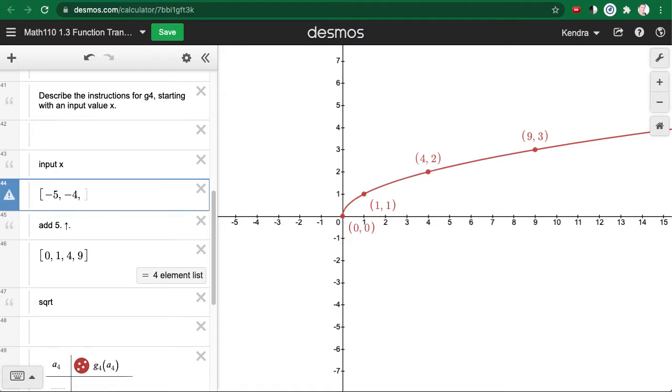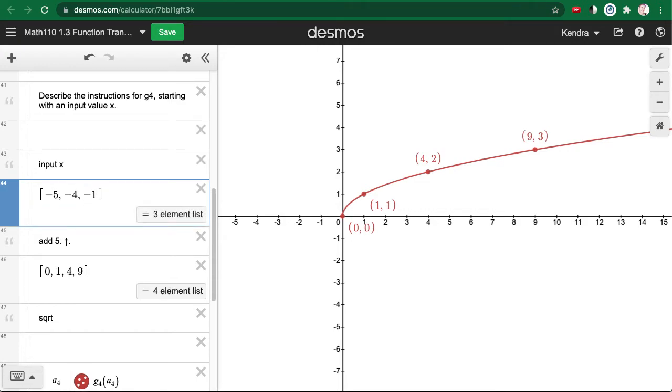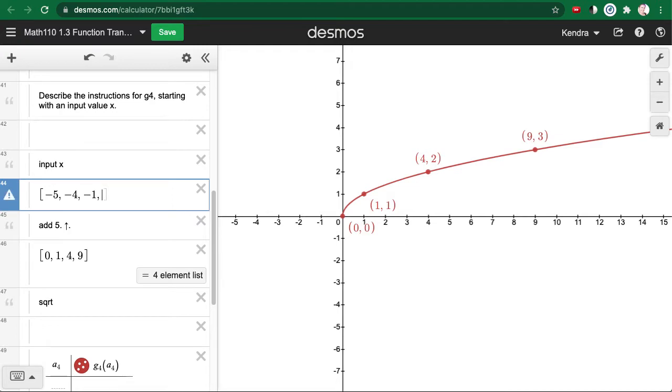Okay? So if I want to input a 4 into the square root part, then I have to put in a -1 for x. And if I want a 9 to end up as the thing that I square root, then I have to input a 4.